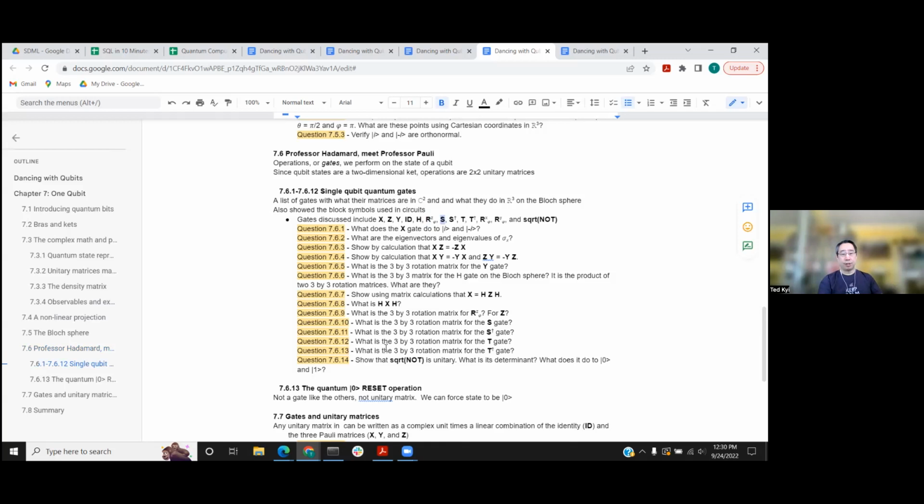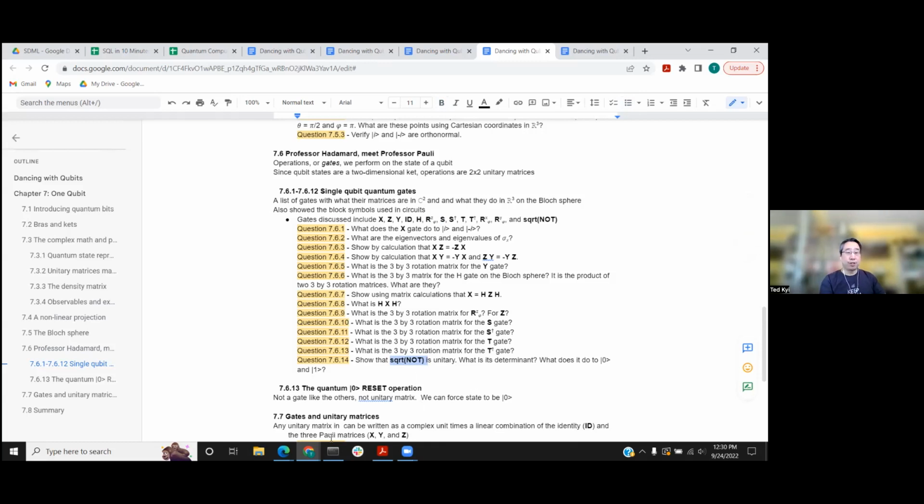There's another gate they show that is the square root of not. So if you have the not matrix, which is 0, 1, 1, 0, you can calculate there's a matrix that when multiplied by itself gives you that. So it's sort of the square root of that matrix. That was kind of a blitz through.